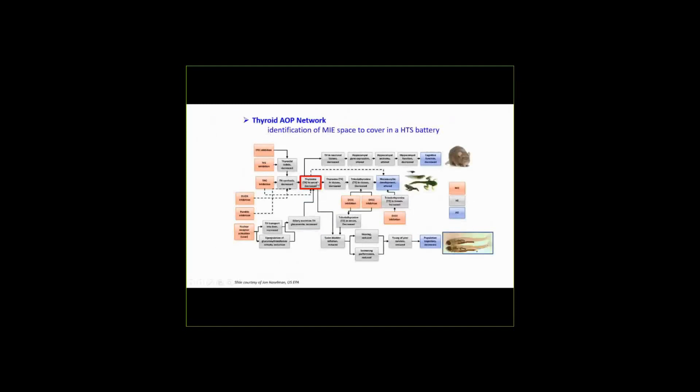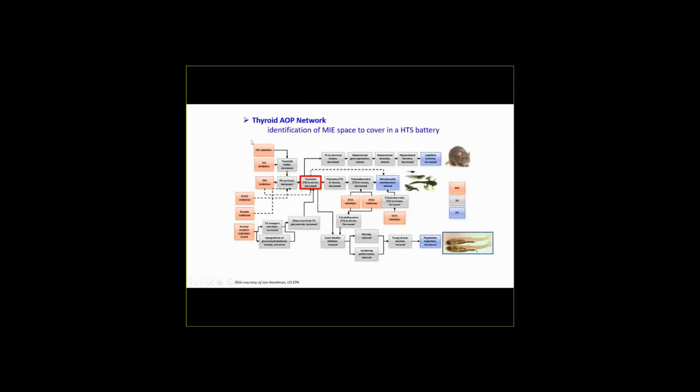In order to do that, one of the things we needed to understand if we were going to replace this whole organism with a battery of, say, in vitro screening assays is how many different ways chemicals can interact with the biological system to reduce the production of serum thyroid hormones or to impair things like deiodinase that are needed to activate the thyroid hormone in target tissues.